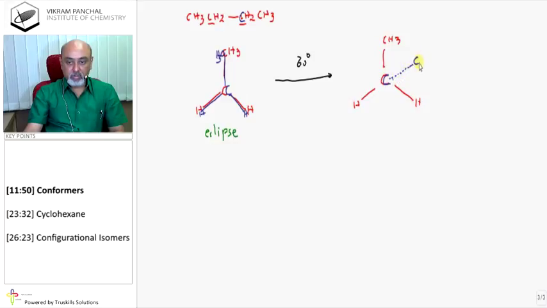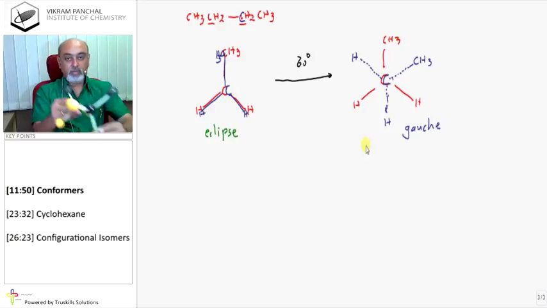Suppose we give clockwise rotation, then CH3 comes over here, down hydrogen, and here also hydrogen. This is known as gauche. It is comparatively more stable than eclipse. So this is gauche.